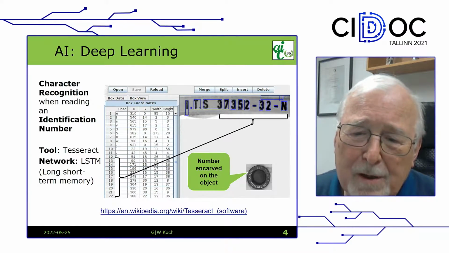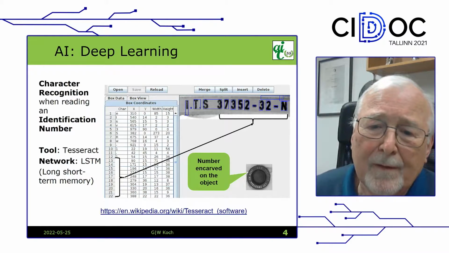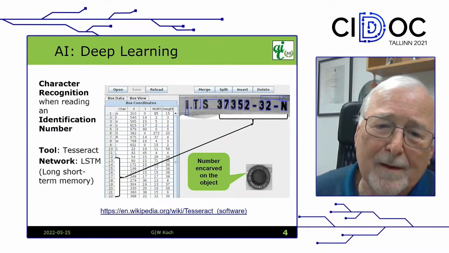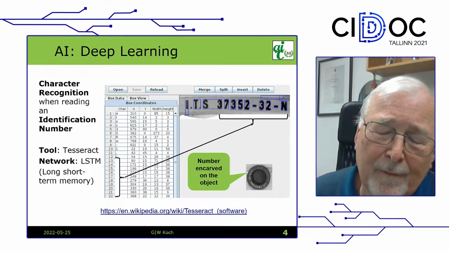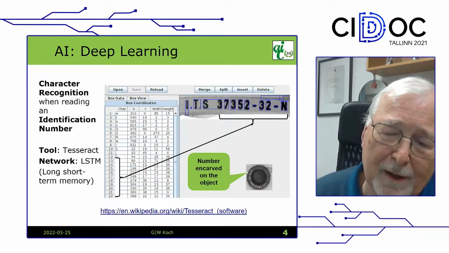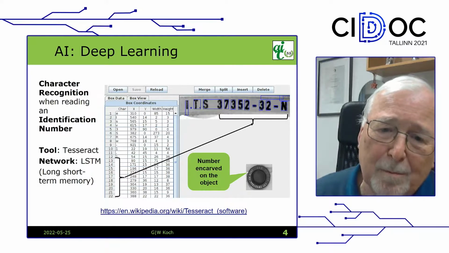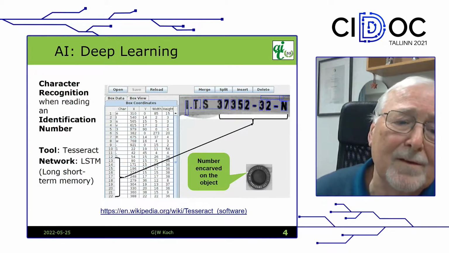We are taking pictures of the object, which is here on the right side. Then we take this picture and stretch it to bring it into a linear form. Then, after some pre-processing and after managing the database behind it, we send it to Tesseract.